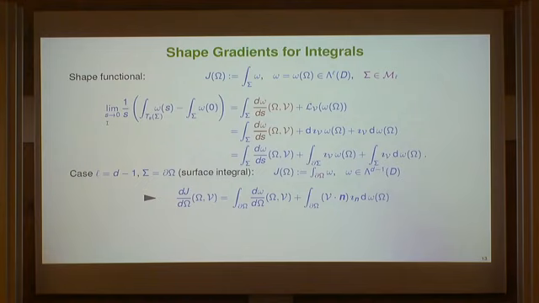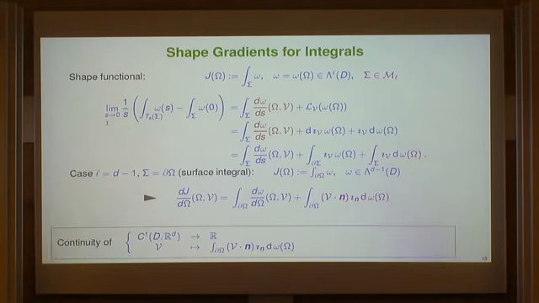Now this term drops out because the boundary of a boundary is 0, the empty set. So it's only this term that remains, and this gives us this contribution. Again, we need more smoothness, because now we have a derivative that we have to integrate over the boundary.